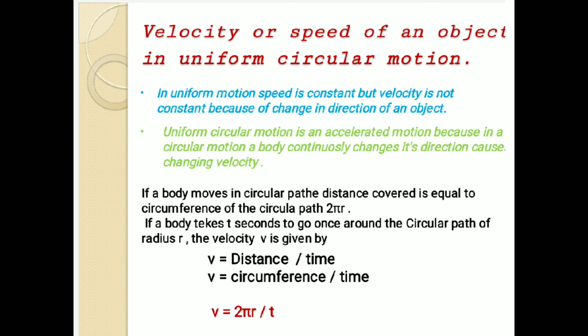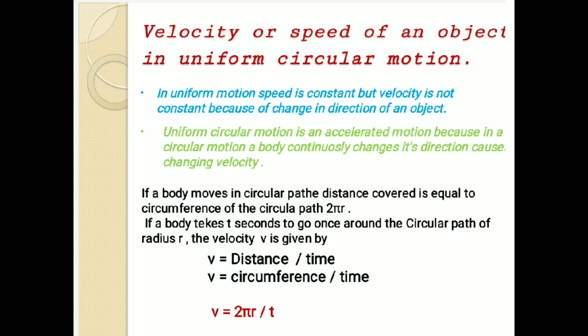Next, you see, uniform circular motion is an accelerated motion. Keep in your mind, uniform circular motion is an accelerated motion because in circular motion, a body continuously changes its direction, causing a change in velocity. So velocity changes means obviously that is accelerated motion only.